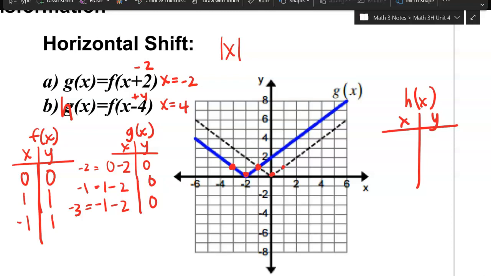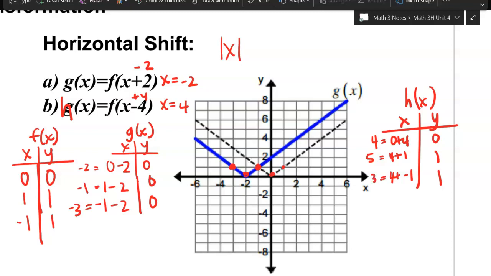All right, so for our first point, 0, and we're going to add 4. So 0 plus 4 is going to be 4. Next one, we have 1 and 1 plus 4. So that's going to be 5. And then 1 and negative 1 plus 4, that's going to be 3.